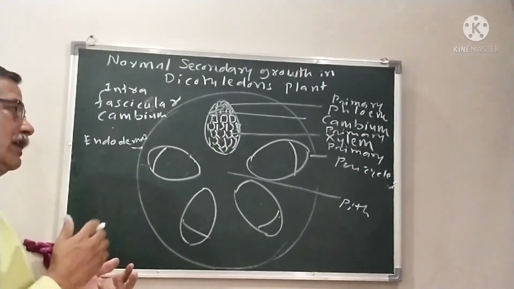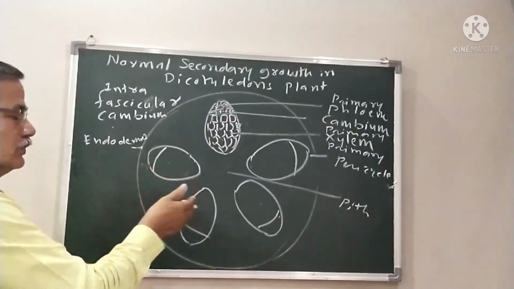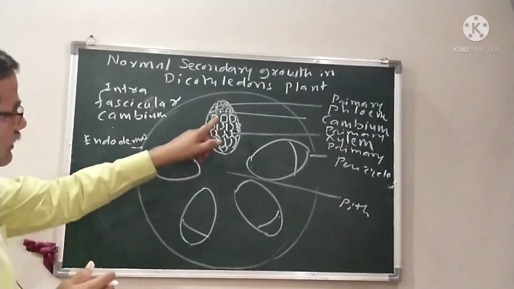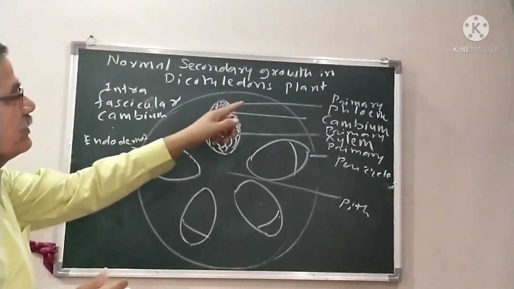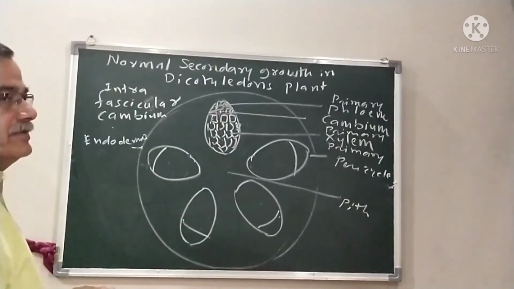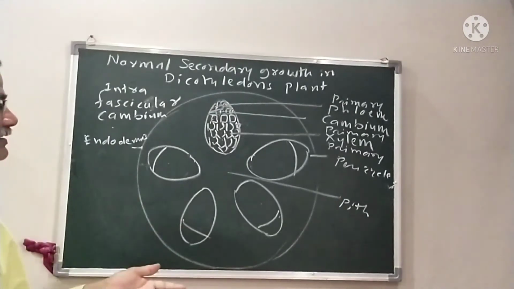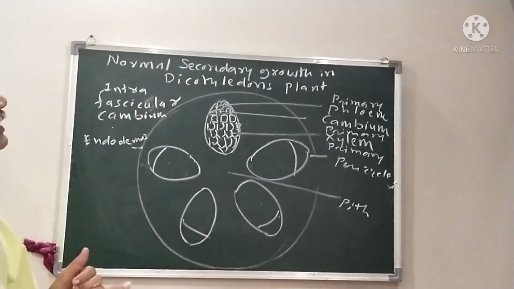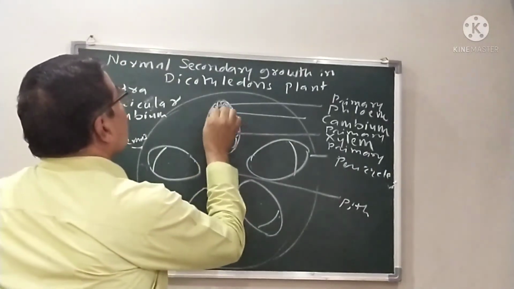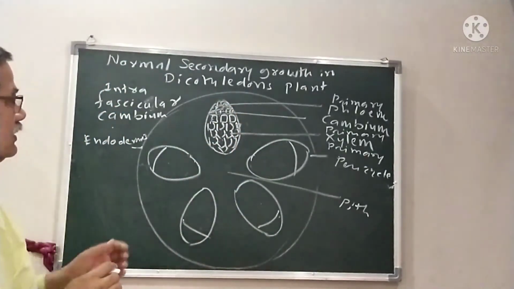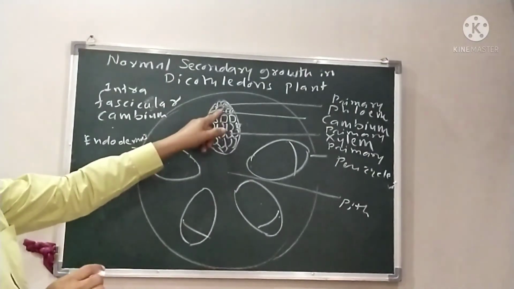The secondary tissues are developed by these tissues, and the phloem serves for food conduction. Primary phloem and primary xylem need the secondary tissues to meet the need. Therefore, the cambium is always active in the vascular tissue system.